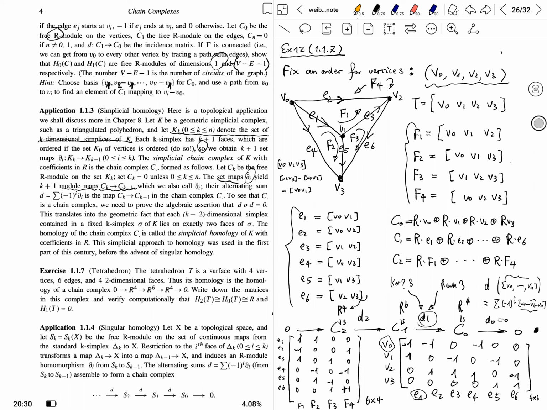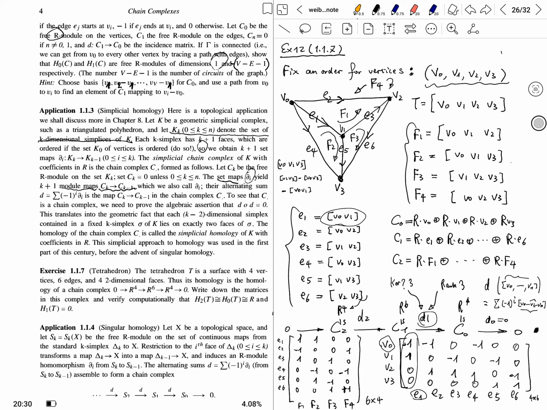which basically, for example, your d1 maps from an edge to vertices, right? So for example, how is E1 mapped? E1 is mapped to V1 minus V0.